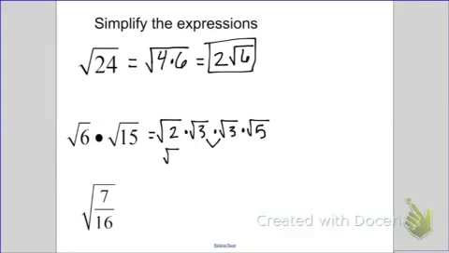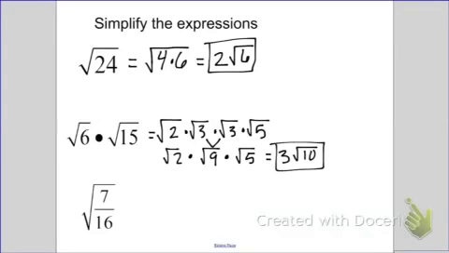So I have square root 2, square root 9, and square root 5. Why is it important to point out that 9? It's because the 9 is actually a perfect square which I can square root. So what do I end up with? I end up with a 3 from the square root 9, and then 2 and 5 are left over, so that's square root of 10. Simplified.